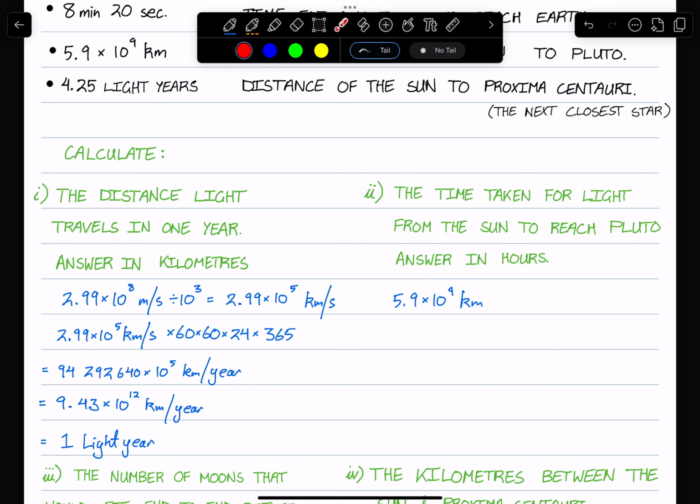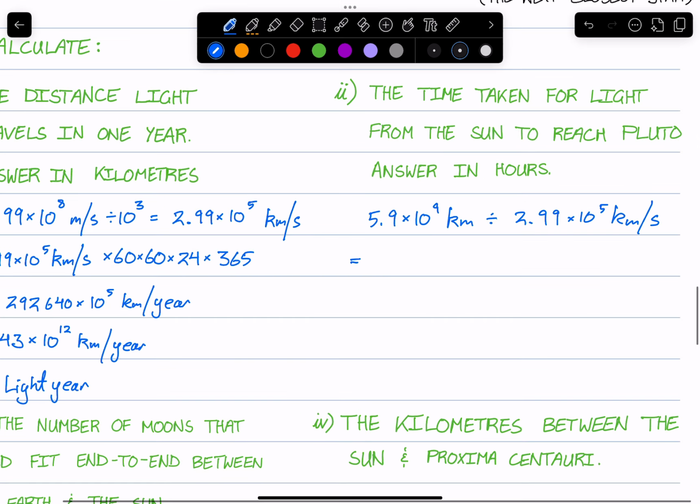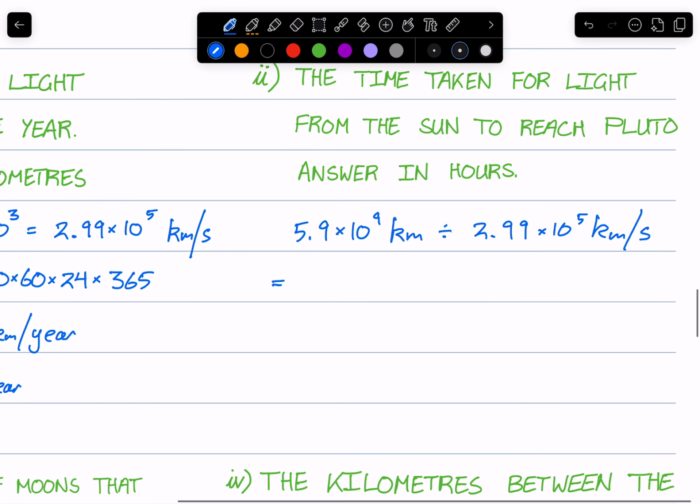And now for each of these that fit inside here gives us 1 second. So we're going to divide this by 2.99 times 10 to the power of 5 kilometers per second. And the answer we get here will give us the number of seconds.